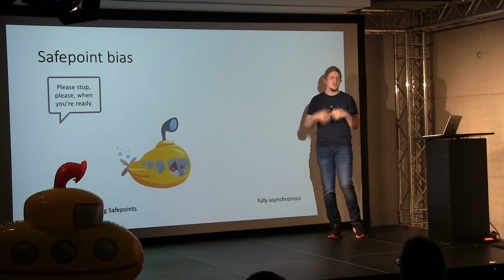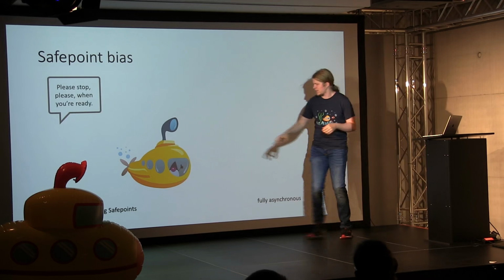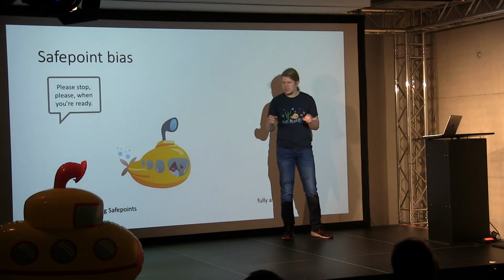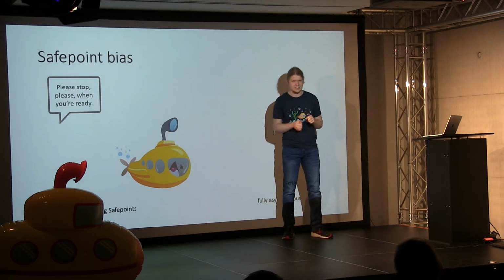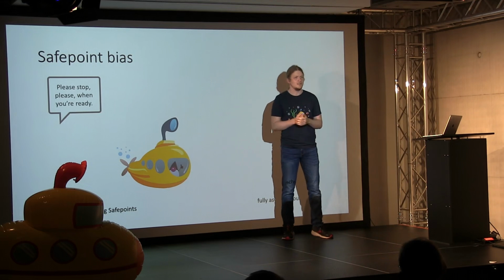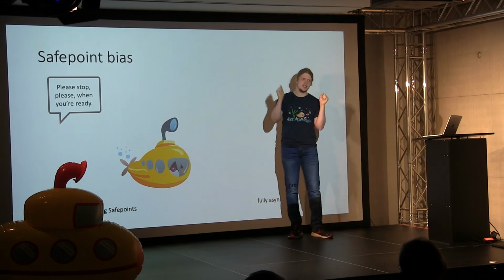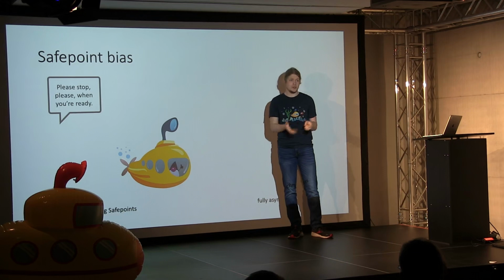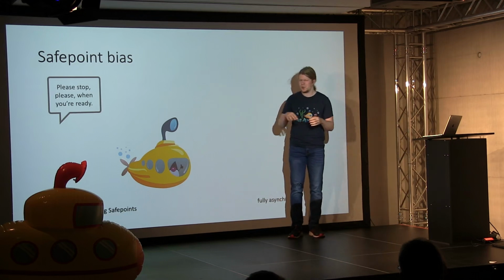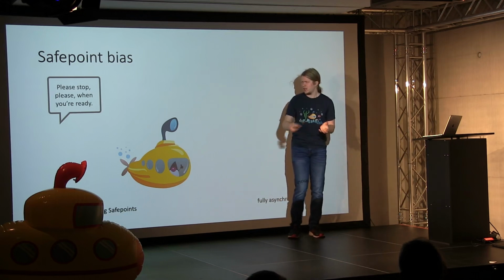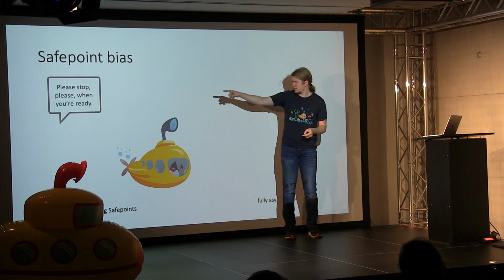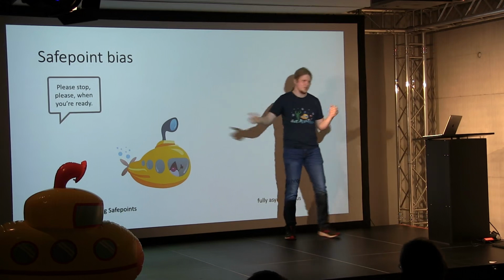And it stops only when it's in this non-transparent state, when it comes up to the surface and says, oh, give me some commands, and you tell it, hey, please give me a stack trace. Which is cool because the state is defined, but which is also problematic because you're waiting a long time between asking it to stop when it's ready and it actually stopping. So it's a bit distorting.